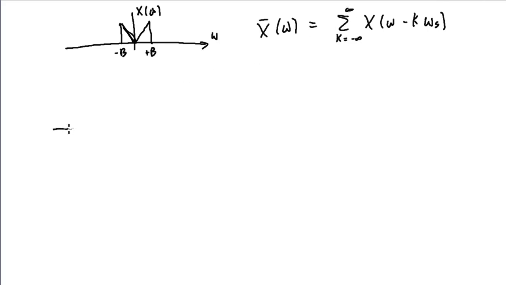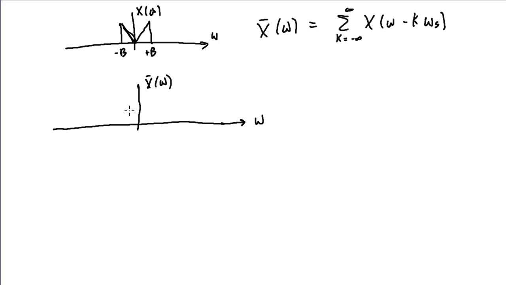So as long as the spectrum here of x of omega is narrow enough, and we'll talk more about that in just a second, then what x over bar of omega will look like is again just a sum of shifted versions of x of omega.